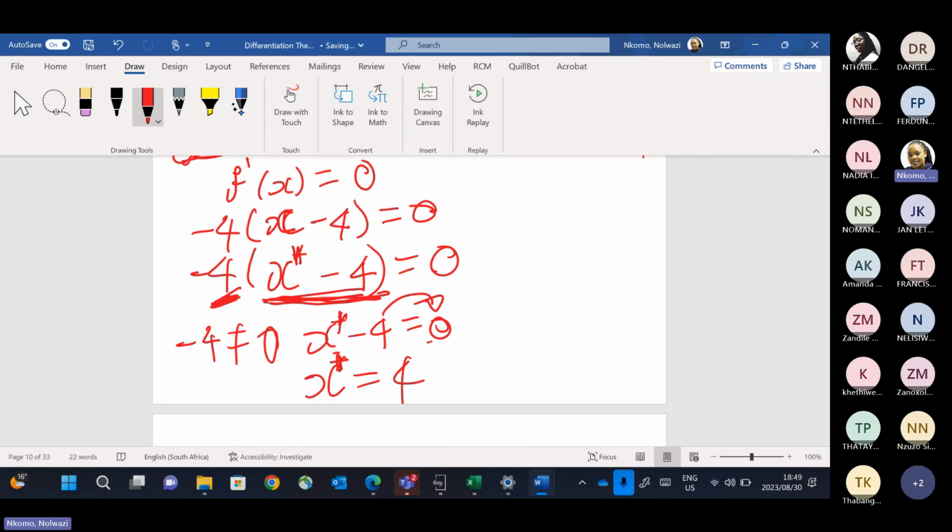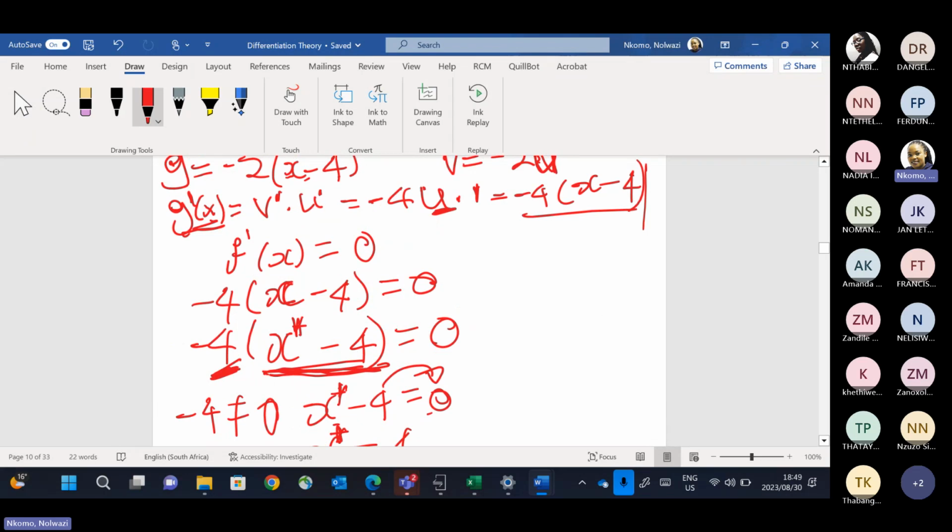Right. And remember, I said the next step after finding the x value of the stationary point is to take that x value and substitute it back into your original function, so that you find the corresponding value of f at x star. Okay.